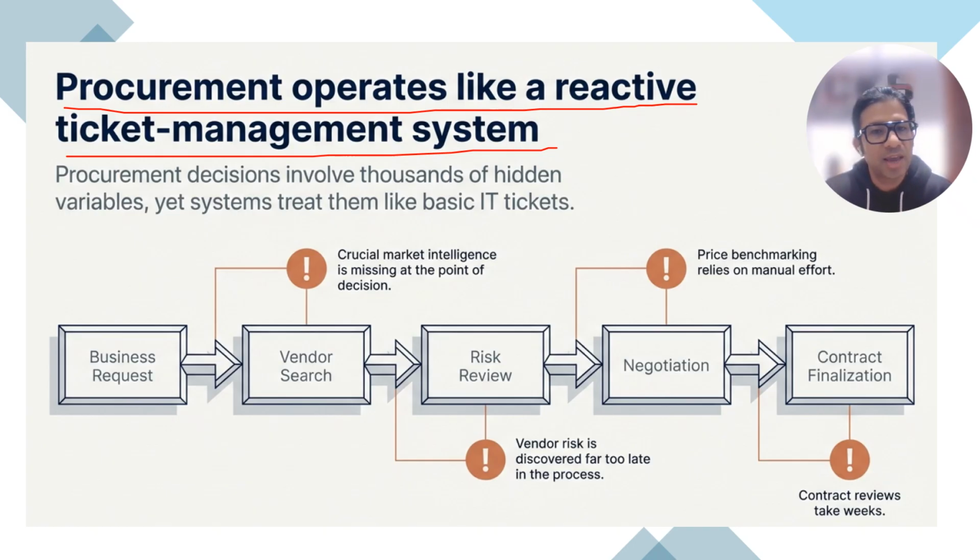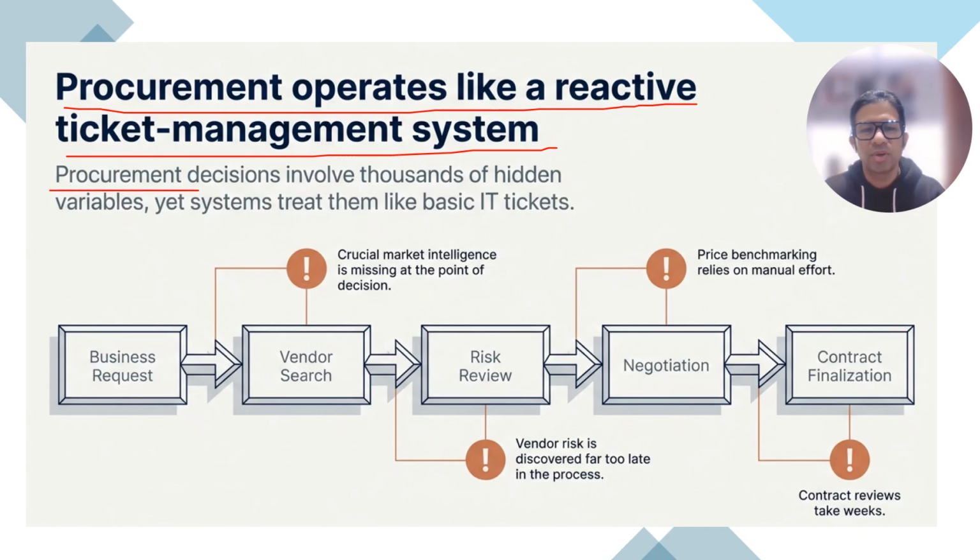Procurement is running like an IT ticket system. And that's a big problem because procurement decisions have thousands of hidden variables: risk, compliance, pricing, lead time, supplier reliability. But the system treats it like a basic ticket. Open, process, close. That's it.